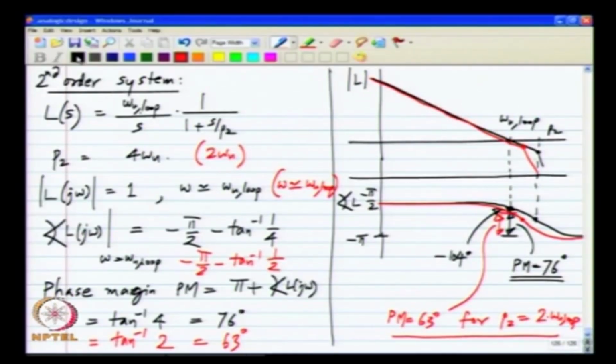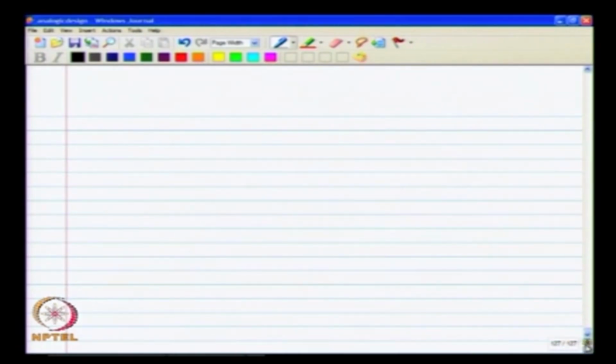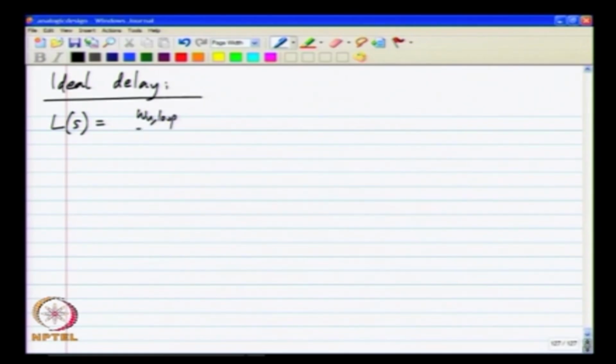Now, just to confirm our findings, we will do it for the case with ideal delay, for which the loop gain is omega u loop by s, the ideal loop gain, times exponential of minus s T d, which denotes an extra delay of T d.